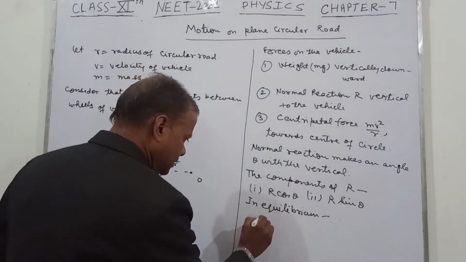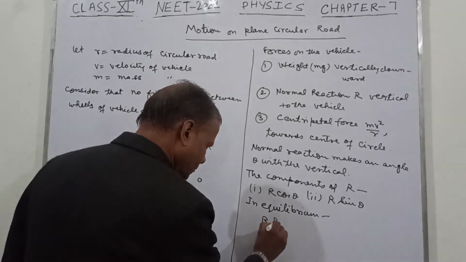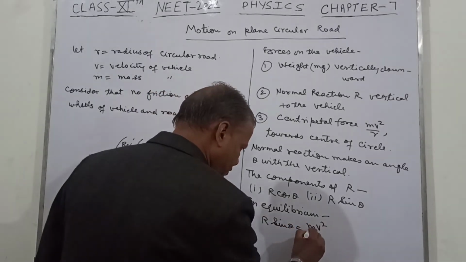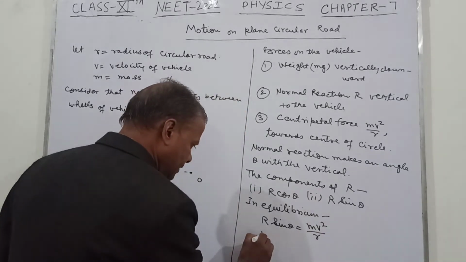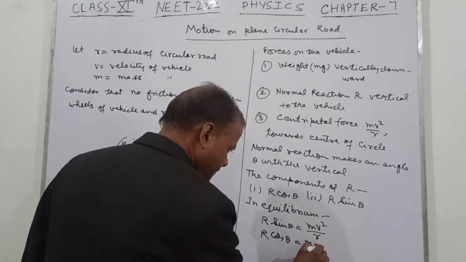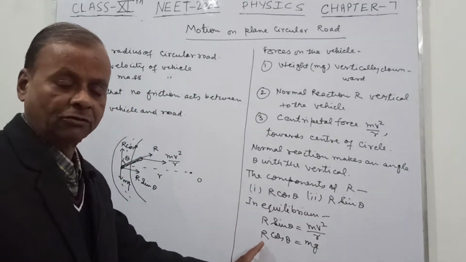we have R sin theta equal to mv square upon r, and R cos theta equal to mg. These are the two equations of motion for the vehicle on the circular road.